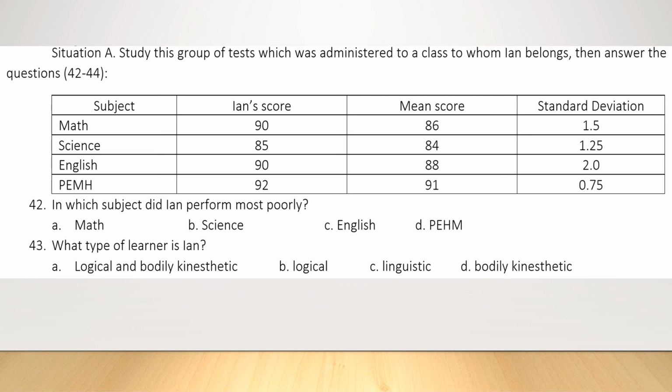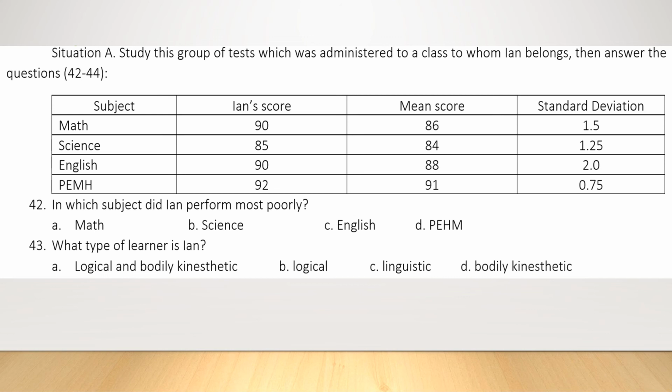Number 43. What type of learner is Ian? Kung sa type of learner is Ian, tan-awa na po nimo kung asa nga subject dagko ug score si Ian. Dili sa PE, 92. Sa math po 90. Sa English po niya 90. Therefore, si Ian is what?